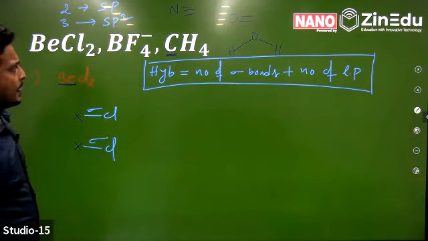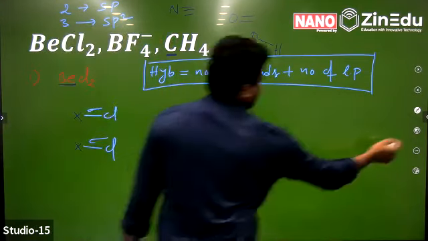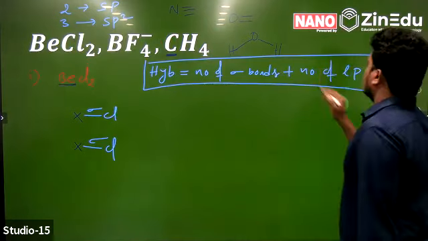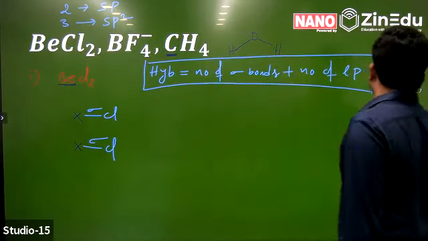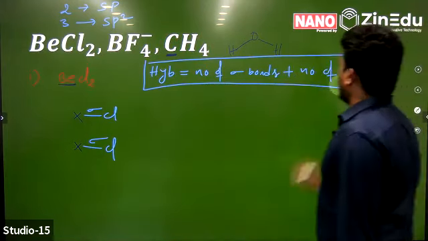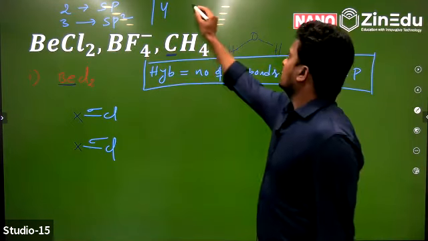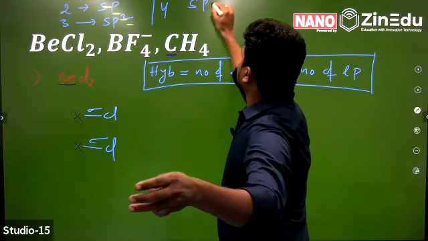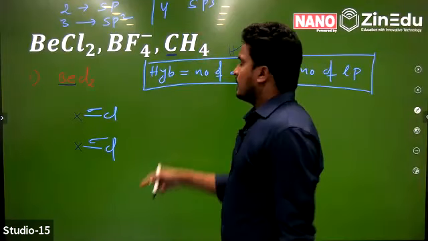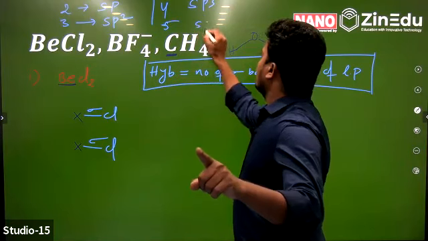If the total count is 4, what is the hybridization? 1 s orbital and 3 p orbitals. Total count 4, right?